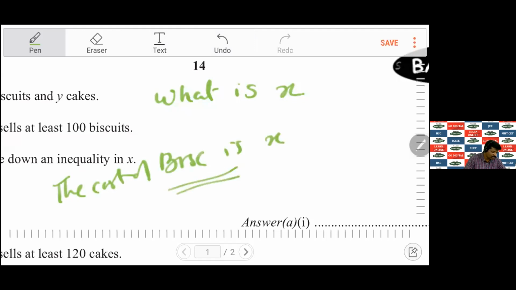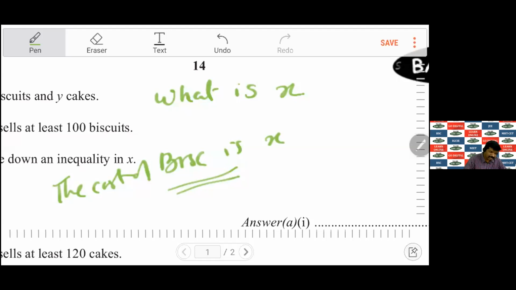When you go to a shop to buy biscuits, what will you tell? The number of biscuits, or which brand of biscuit. So what is X in this? The total number of the biscuits.